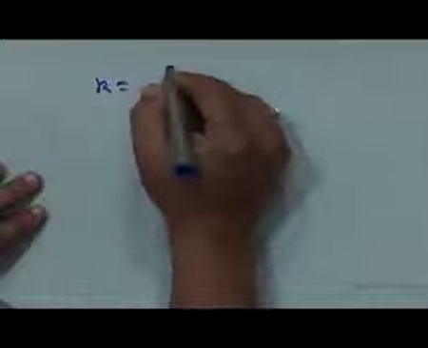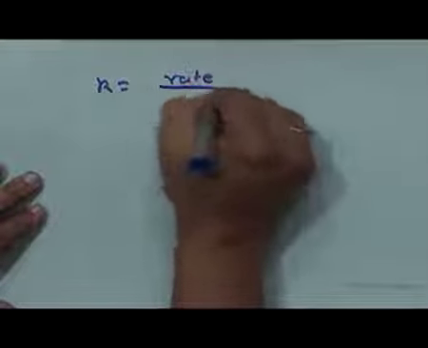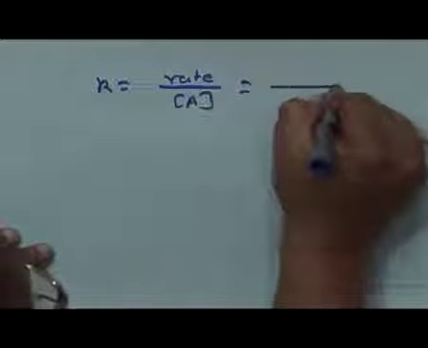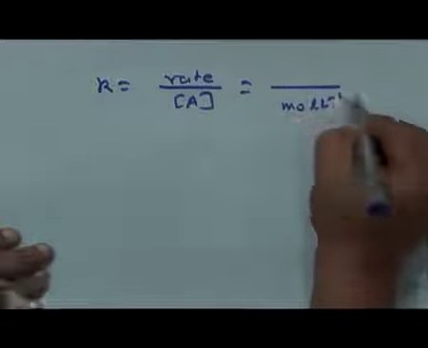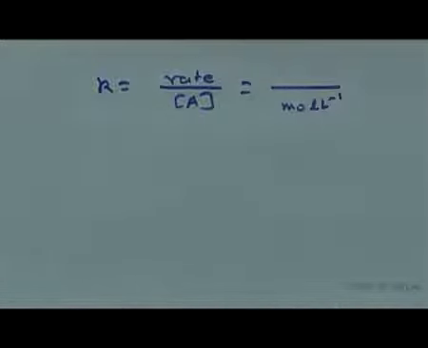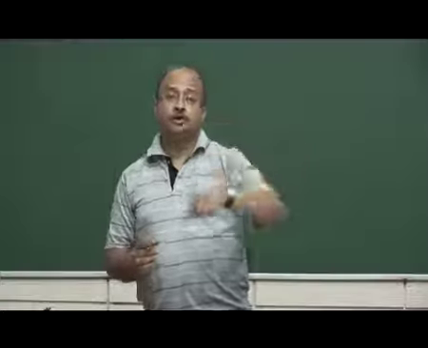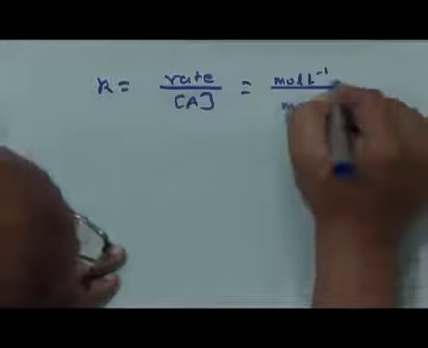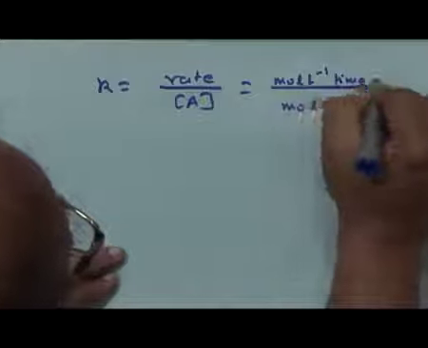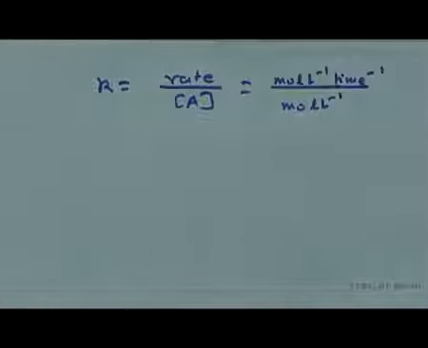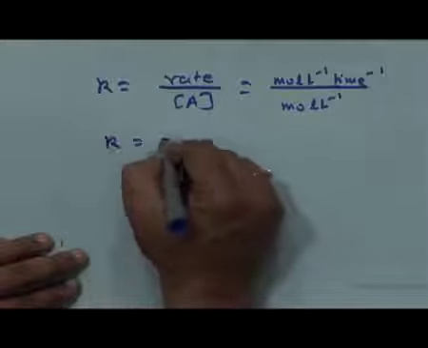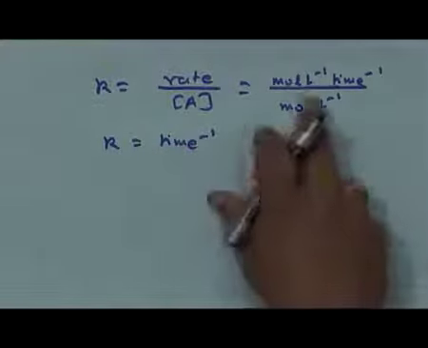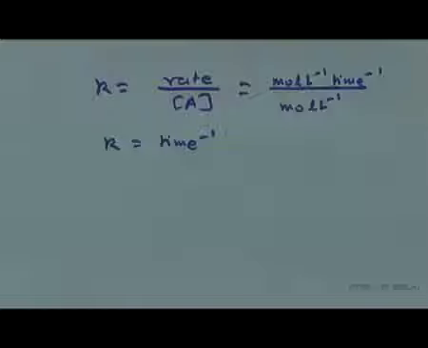So, k is rate over concentration of A, the concentration of A is mole over liter. So, moles per liter or molar concentration. Now, remember rate was concentration over time. So, I will be writing moles liter inverse, then time inverse, and hence the unit of k will be that of time inverse, right, because these moles per liter cancel from the numerator and the denominator.